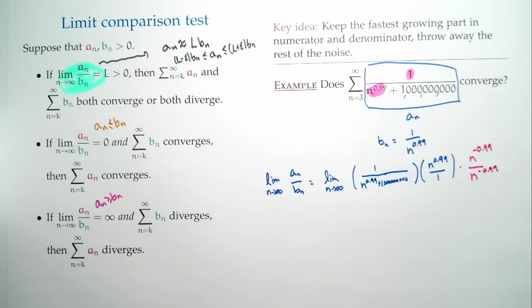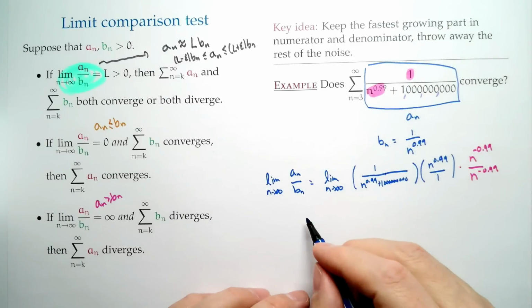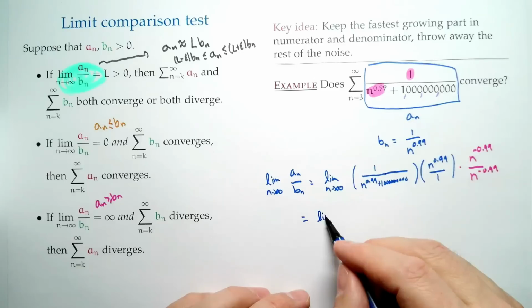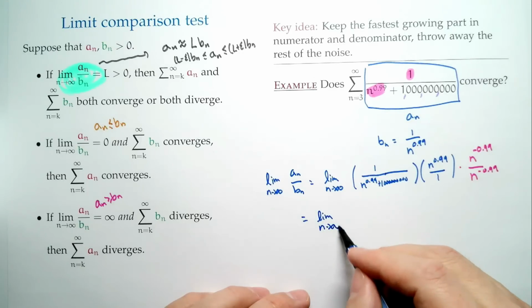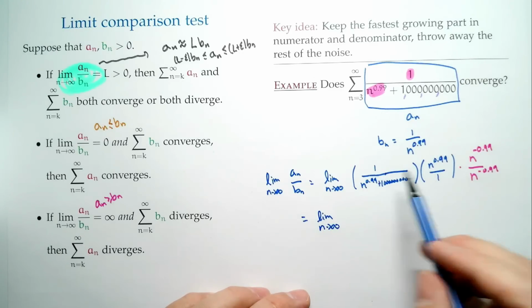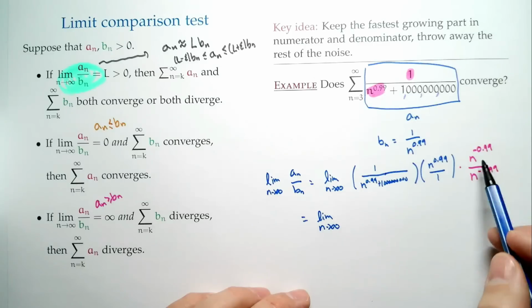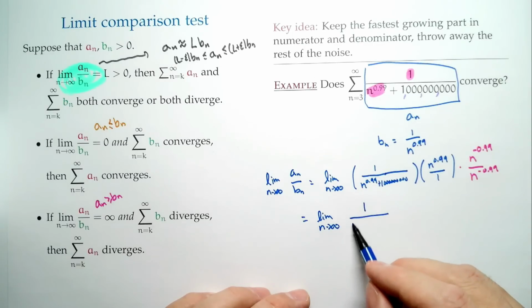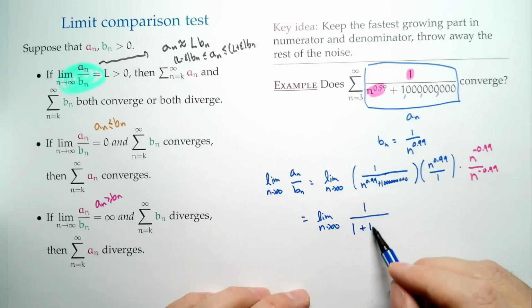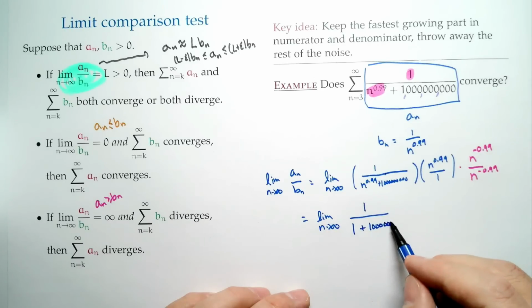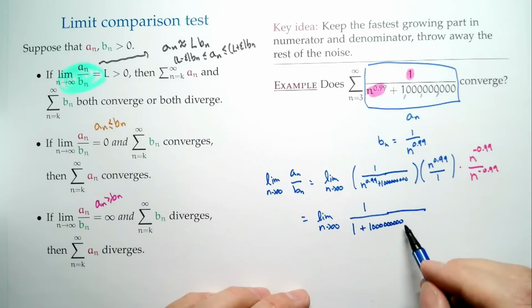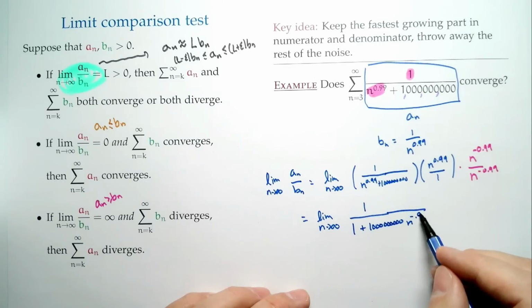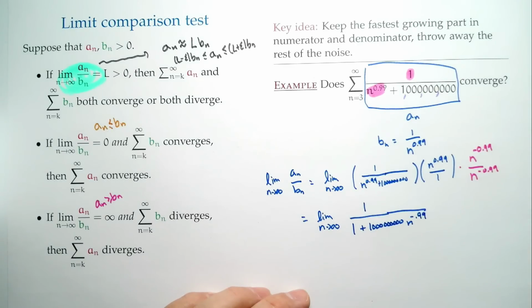So multiply top and bottom by n to the minus 0.99. And if we do that, we're going to get, this is the limit as n goes to infinity, and upstairs we're going to get 1 times n to the 0.99 times n to the minus 0.99, which is 1. And downstairs we're going to get 1 plus a billion, which is a lot of zeros, times n to the minus 0.99. Okay, what happens?